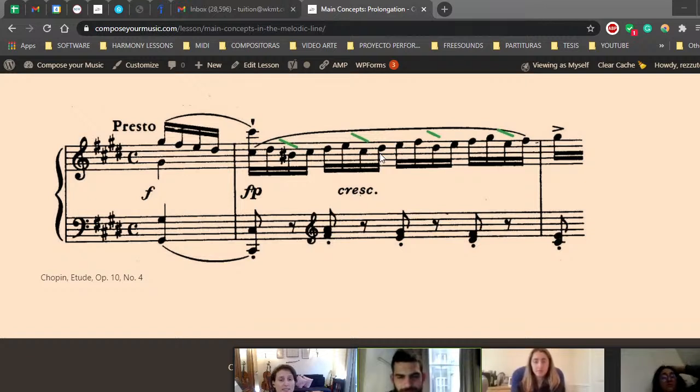Now, this is a very good example of double neighboring. If you see, which note would be the cantus firmus, the F sharp or the A? The F sharp. And why do you support that idea?